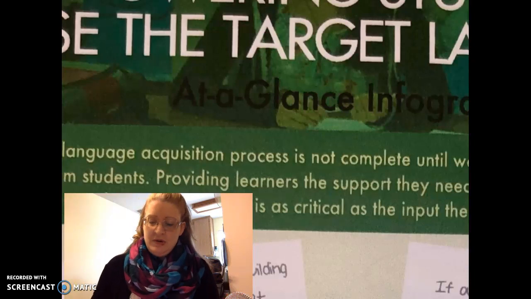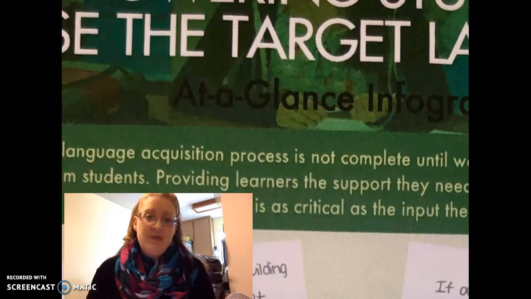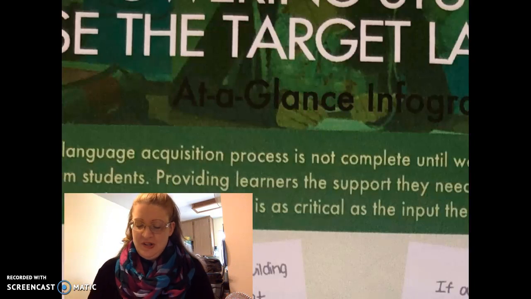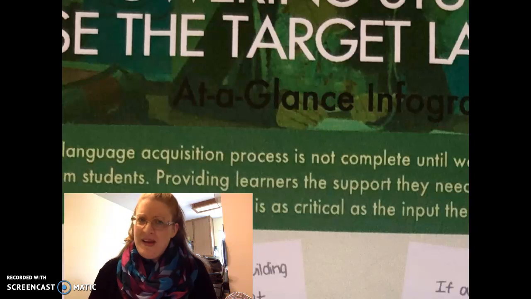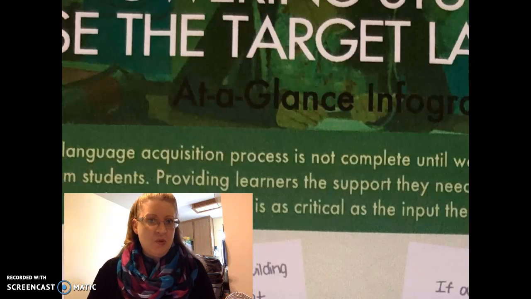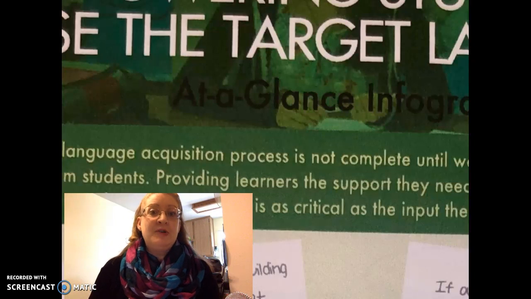In order to do that, we really have to understand a few things that we're going to be talking about throughout the course of today's lesson. We have to understand the input to output continuum. And when students resort to English, teachers want to consider some questions that might help them understand why.